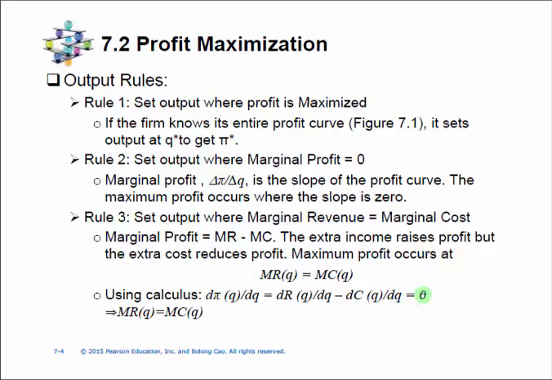That equals 0. The first term, differentiating the revenue against the quantity, is the marginal revenue. The second term, differentiating cost against the quantity, is the marginal cost. So you have marginal revenue equal to marginal cost. That's what this profit maximization gives us.